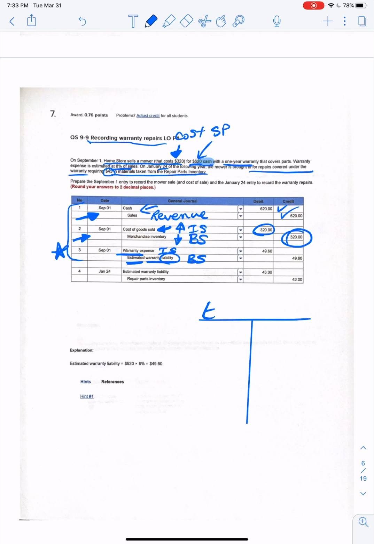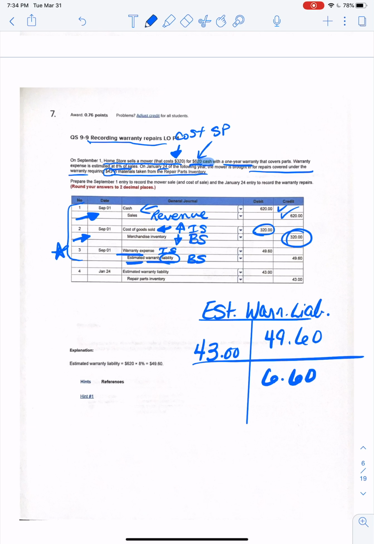I'm going to look at this through a T account. I have my estimated warranty liability, and originally we put a credit in there for $49.60. But now our customer actually wants us to make some repairs for them. In this case, that was for $43, which is going to leave us $6.60 in that account.